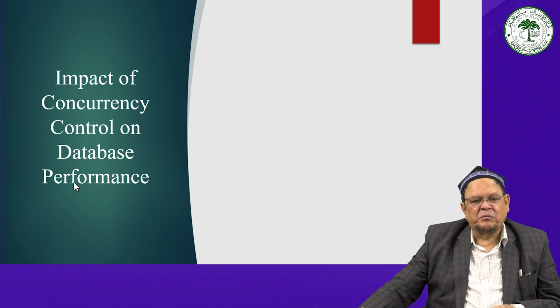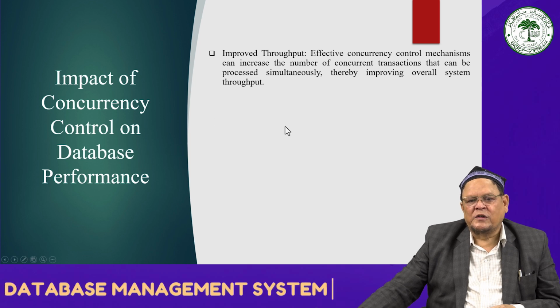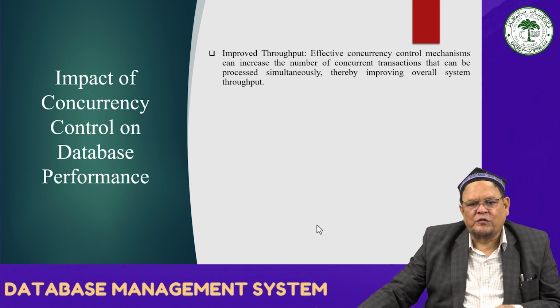Then we discuss the impact of concurrency control on database performance. The first is improved throughput. Effective concurrency control mechanisms can increase the number of concurrent transactions that can be processed simultaneously, thereby improving overall system throughput.